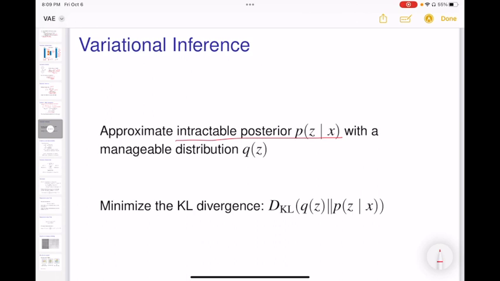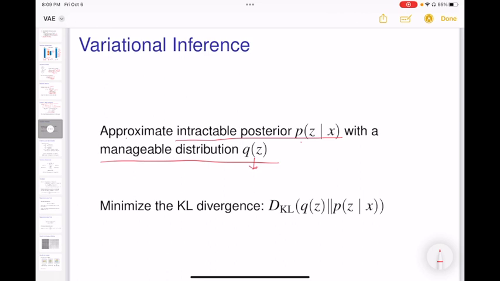So this made our posterior intractable. So what we will do is approximate this intractable posterior with a manageable distribution Q of Z. By manageable, we mean that we understand what this distribution is and we are able to control it and model it better, because it's just a distribution over all of our latent codes, Q of Z.